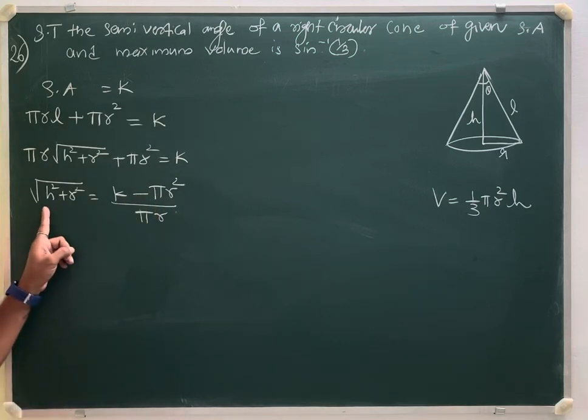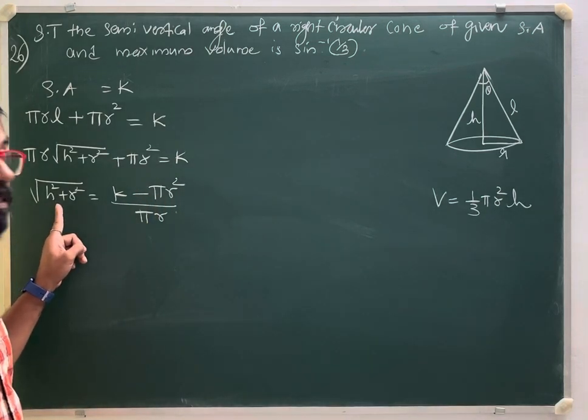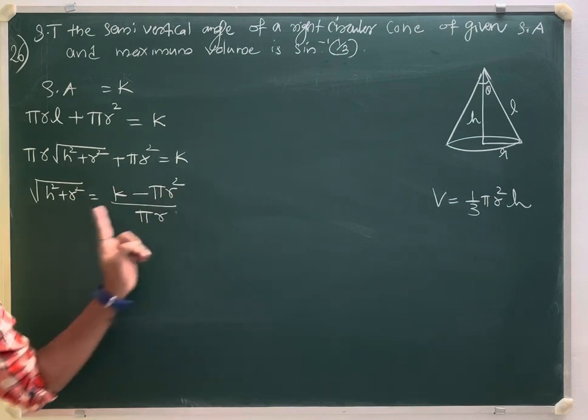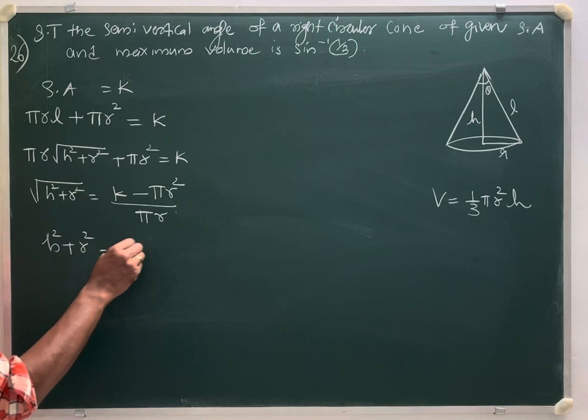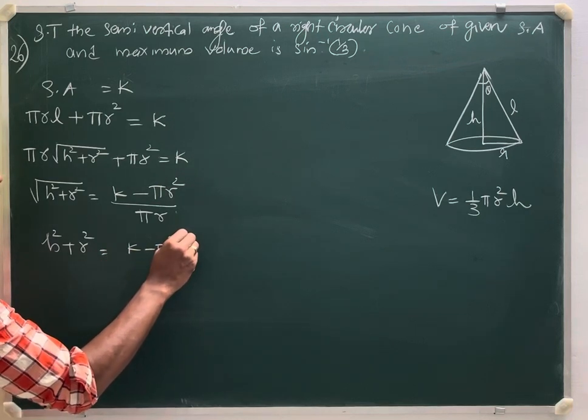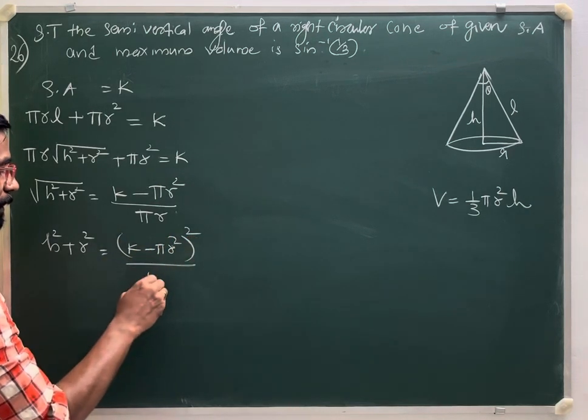Now h is not free to find out. Here h is under square root. So I will square on both sides. Then I will get h square plus r square is equal to k minus pi r square the whole square by pi square r square.